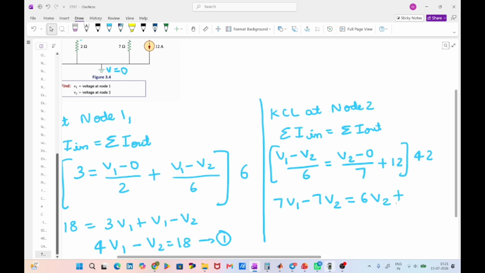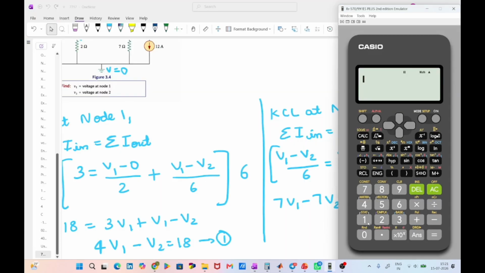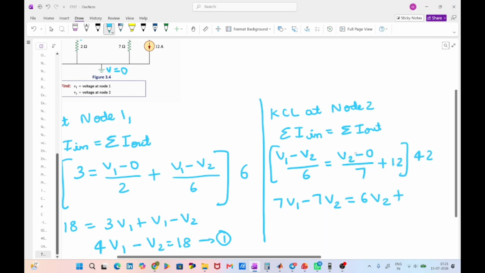I will open the calculator. 12 into 42 equals 504. Write 504 here.